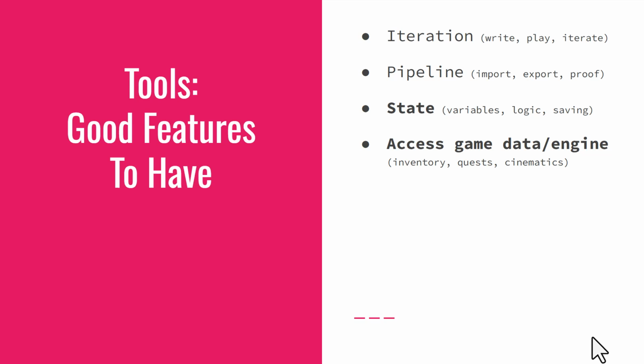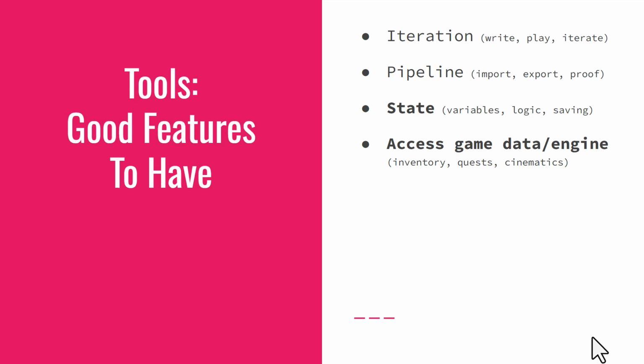When it's in the engine, it's useful if the tool can give you control over the state of variables and flags and other information that happens both in the game and within the conversation. And if those two can talk to each other, that's very useful.